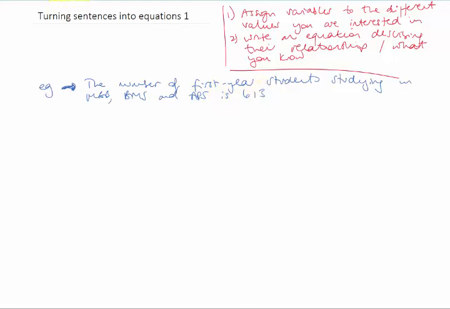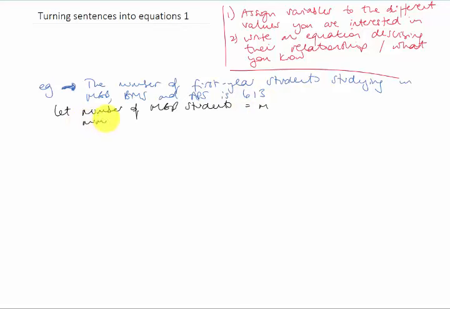So now what I do is I write, let the number of MBB students equal M. I've chosen M because it stands for MBB. I don't care, it could be X or Y or whatever, but sometimes it's useful to use letters that mean something to you.